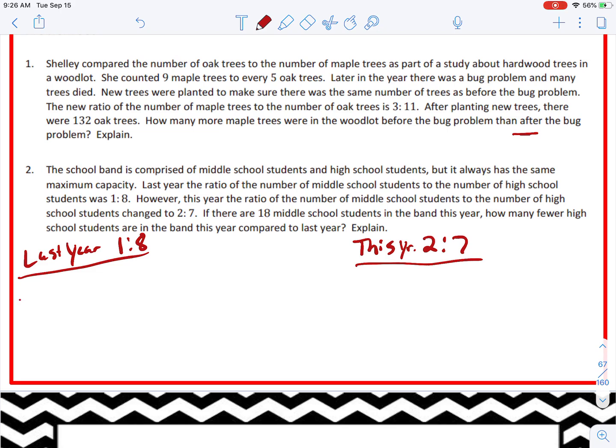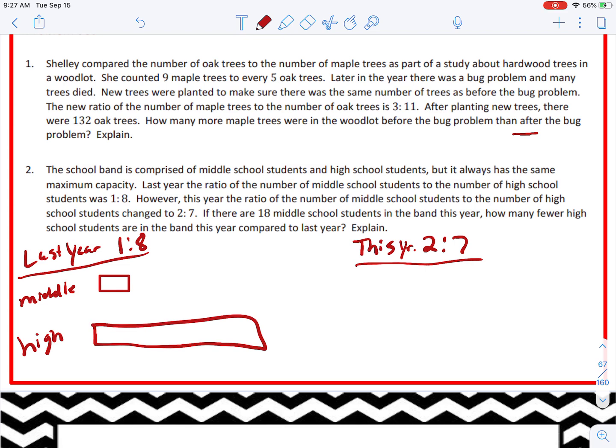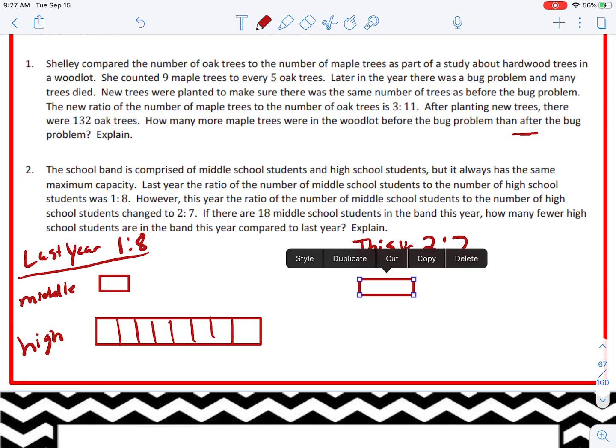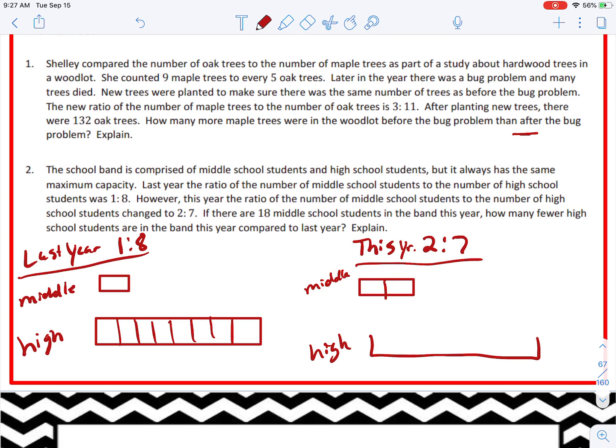We have to make our tape diagrams. Okay, one is for middle school with 1 unit. One's for high school with 8 units. Okay, and then for this year, it was 2 units for middle, and for high school, it was 7.